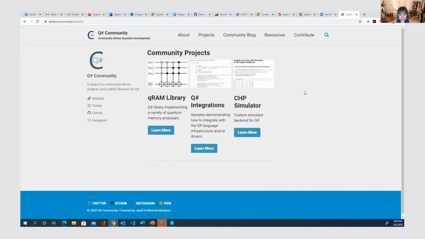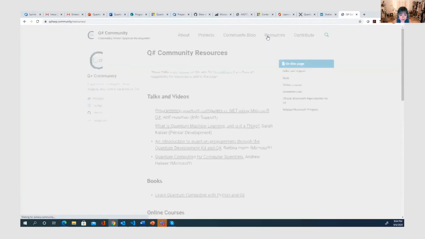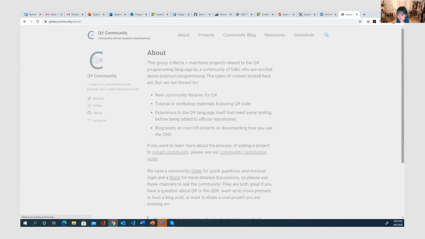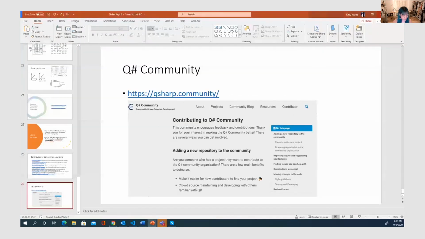We would love any of you to participate, and they also have a great list of resources. Please note that QSharp Community is an established organization, and please do not use their taglines and branding loosely. QSharp Community means QSharp Community. So please respect that. Okay, let's finish the presentation for now.